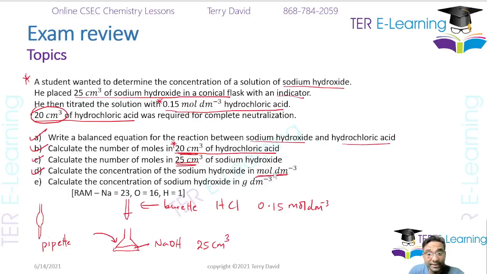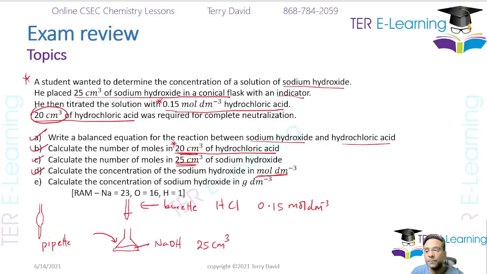This is typically how we get an exam question on titration. They will give you pictures of the burette, and then they'll ask you to take measurements, so we'll do a few of those questions just now. So they want the concentration of the sodium hydroxide in mole per dm³.